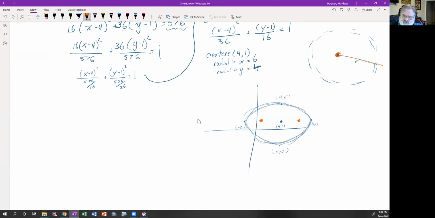And instead of these points on the edge being the same distance from the one center, it's the same summed distance from those 2 points. So those 2 distances added together is the same as that distance plus that distance. That distance is the same all the way around. Cool. That's what makes an ellipse an ellipse.